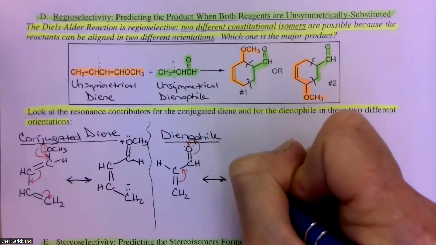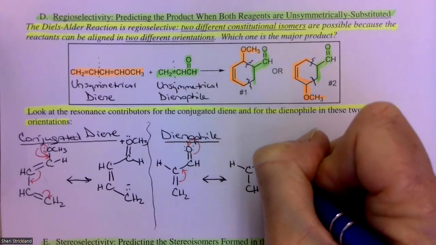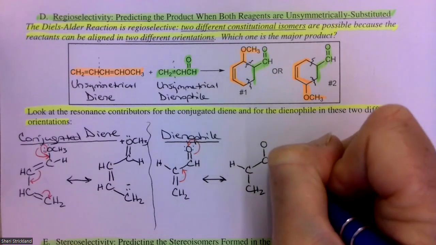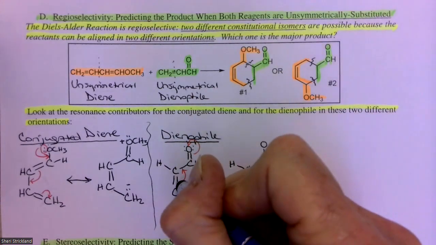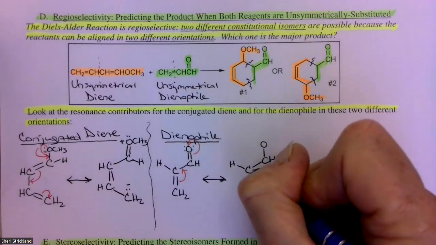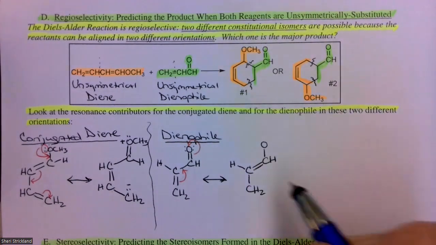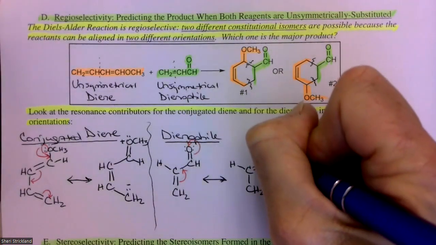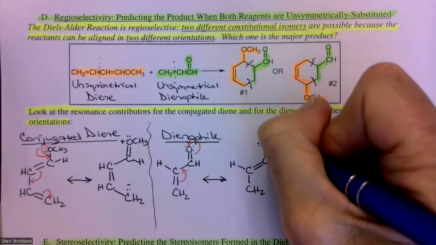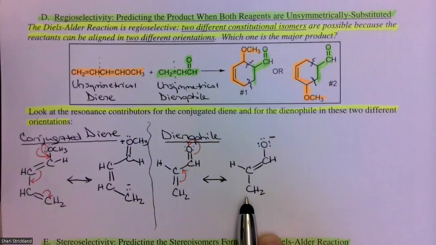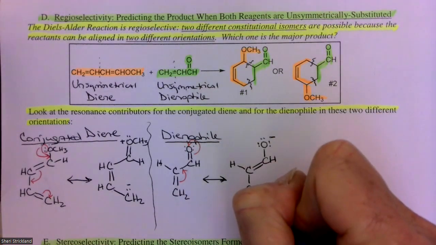Atoms all in the same places again. But so this one, this pi bond swings around to become a pi bond there. This pair of electrons comes up to become a new non-bonding pair of electrons. We know that has a negative charge. This carbon has an incomplete octet.